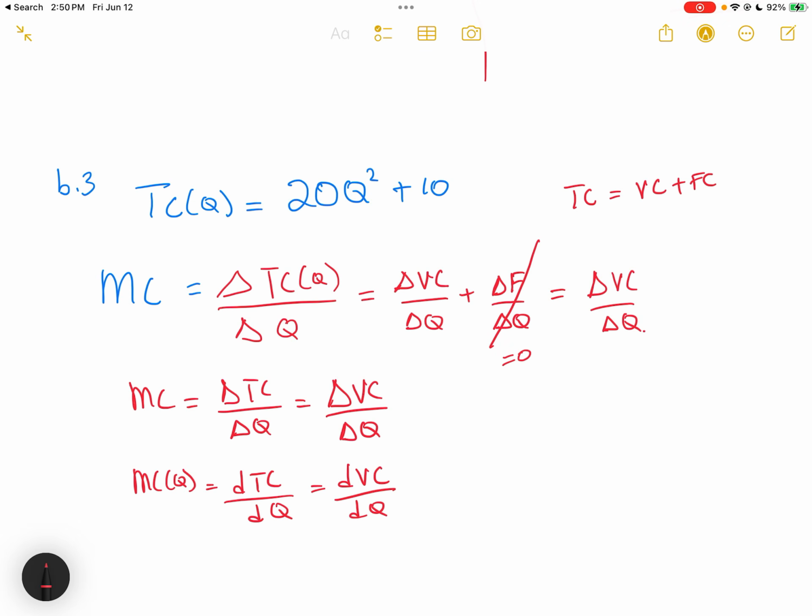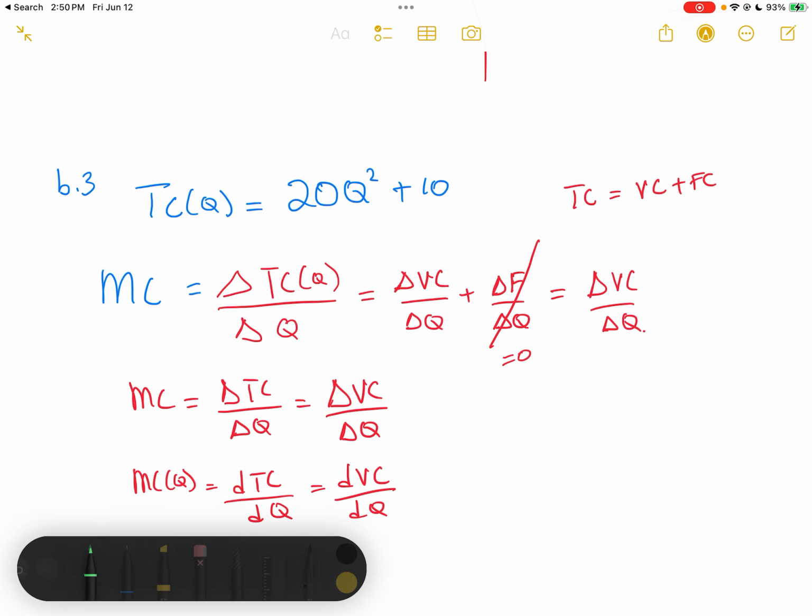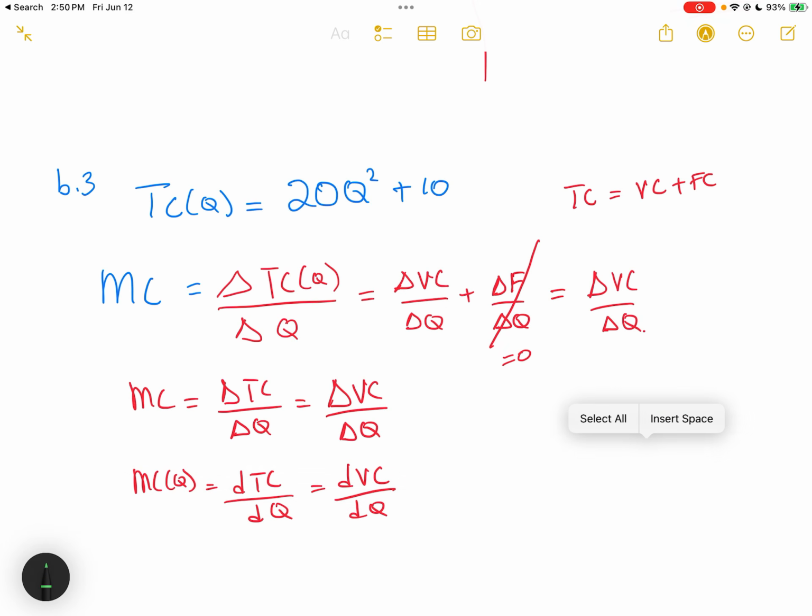So if I have this total cost here, which part of it is variable cost? Well, the part that varies with quantity, right? So I'm looking up at my total cost function here towards the top of the video. My total cost function is 20q squared plus 10. So the 20q squared part is variable cost, and the 10 is fixed cost.